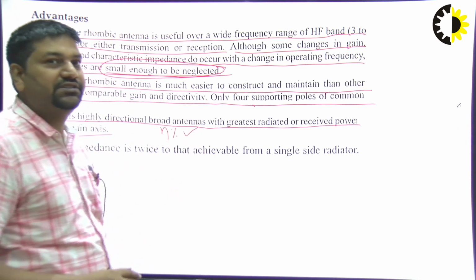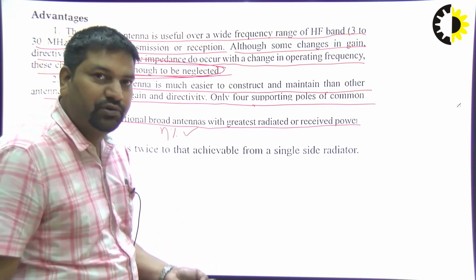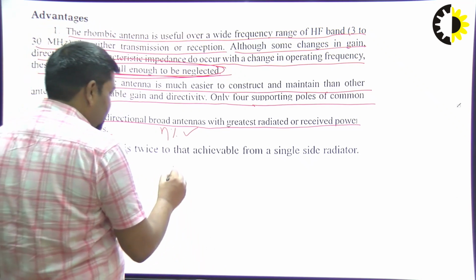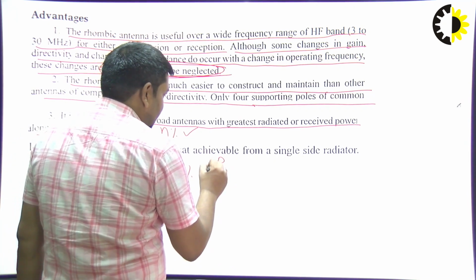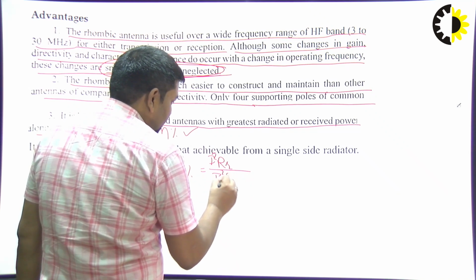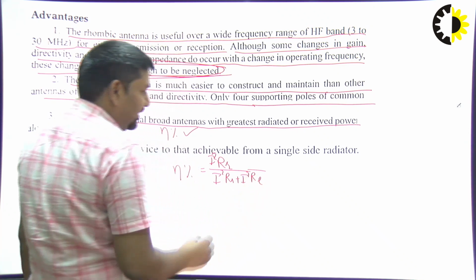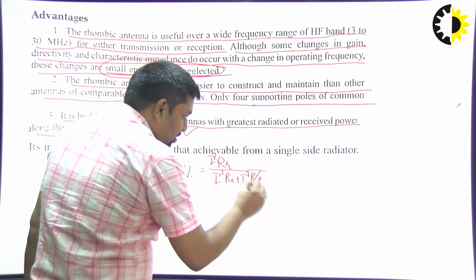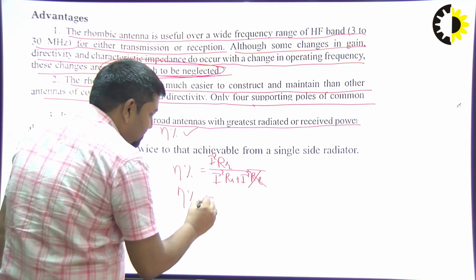What is antenna efficiency? Antenna efficiency is radiated power upon total power. Radiated power is I square R_r, and total power is radiated power plus lost power. In this type of antenna the lost power is very small, so we neglect it. This antenna has an efficiency of 90 to 95%.